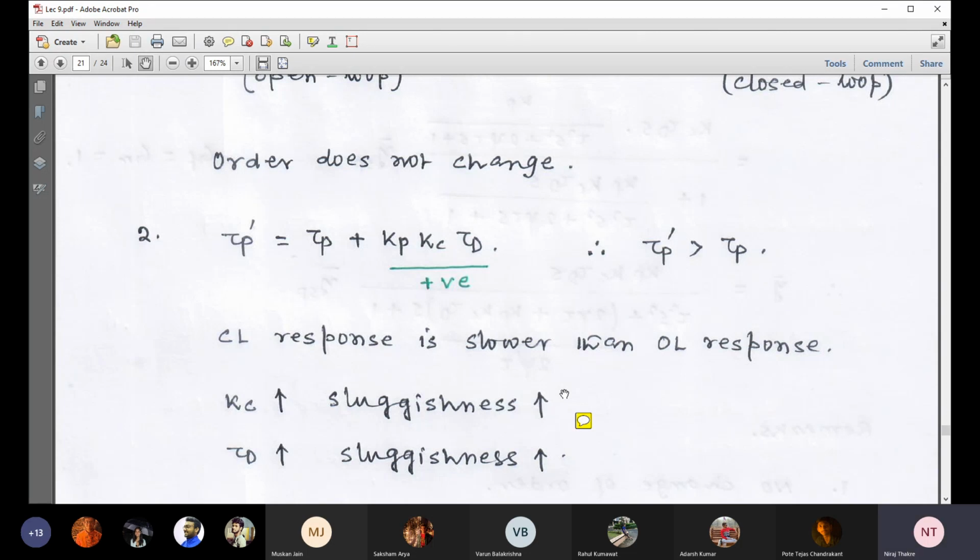Tau p prime, tau p, tau d, they all are positive, and Kp Kc also positive. So tau p prime is greater than tau p.